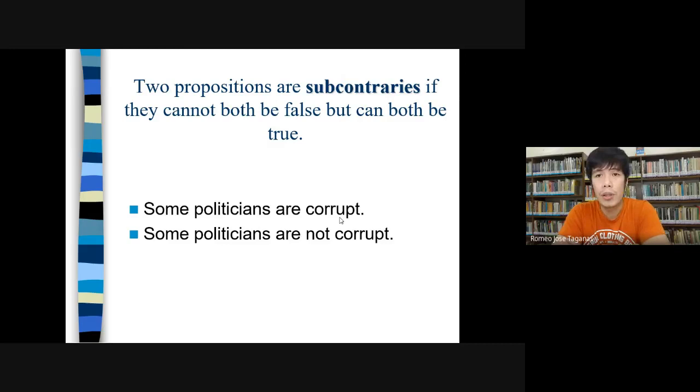Ang dalawang propositions ay sub-contraries kung hindi maaaring pareho silang mali, pero maaaring pareho silang tama. Examples provided, number one, some politicians are corrupt, and on the other, some politicians are not corrupt. Okay? Sa halimbawang ito, hindi maaaring pareho silang mali, pero maaaring pareho silang tama.